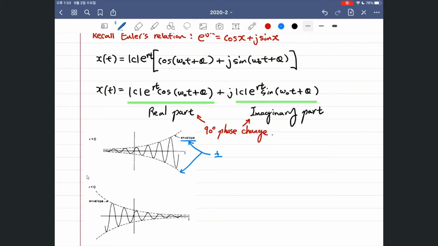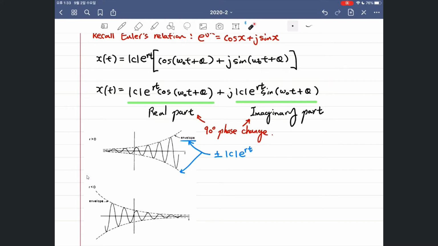This envelope can be represented as plus minus C times e to the r t, where the cosine term is replaced by +1 or -1, because the maximum value of cosine we all know is +1 and the minimum value is -1. Okay, so we can obtain the equation for the envelope here.